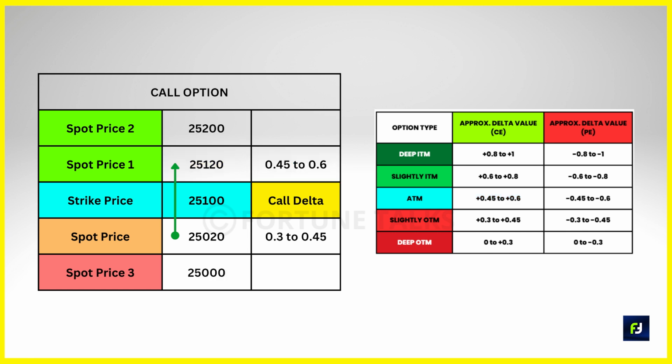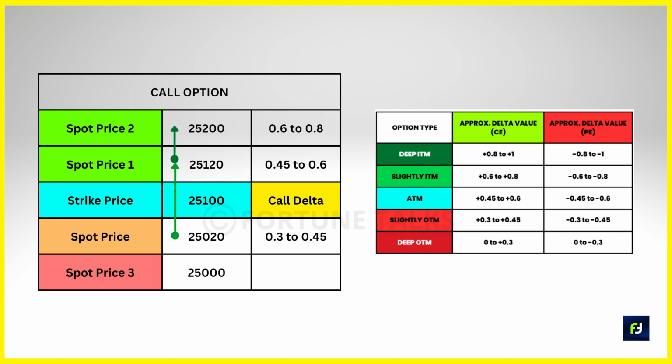Now once again, assume the Nifty spot price moves from 25,120 to 25,200. What do you think the delta value will be now? Since 25,100 CE is now a slightly in the money strike, the delta should be between 0.6 and 1. Let us assume it to be 0.7.